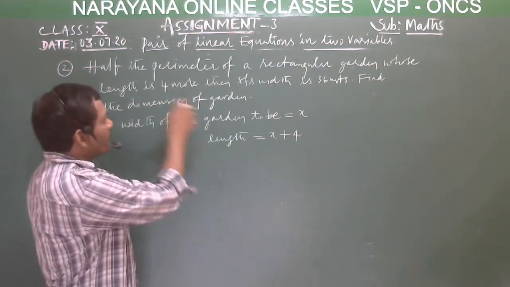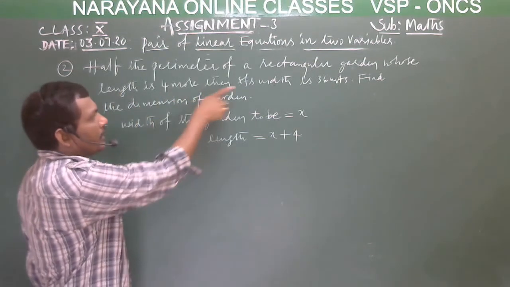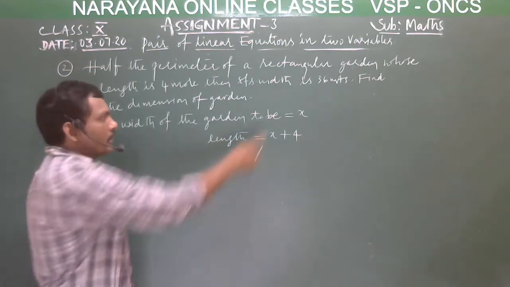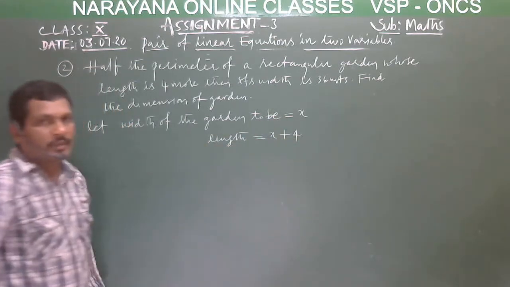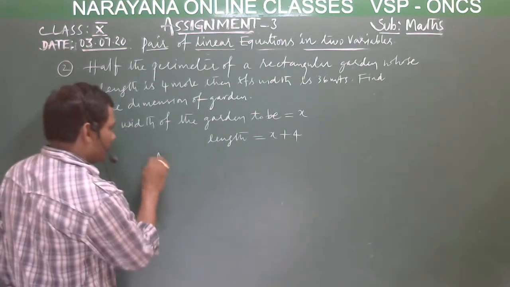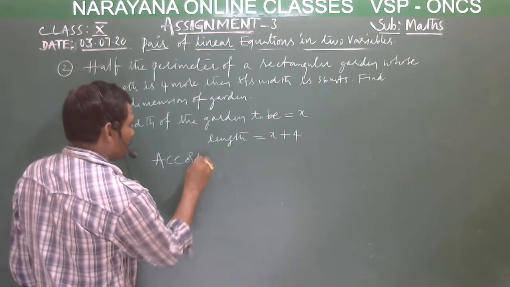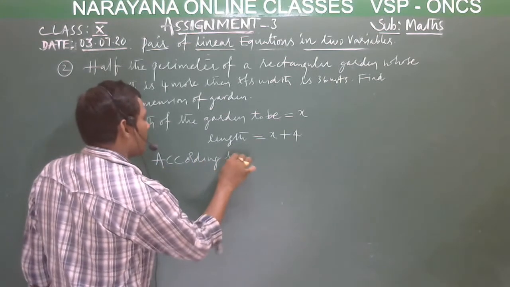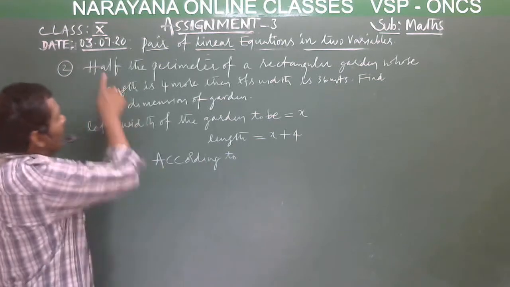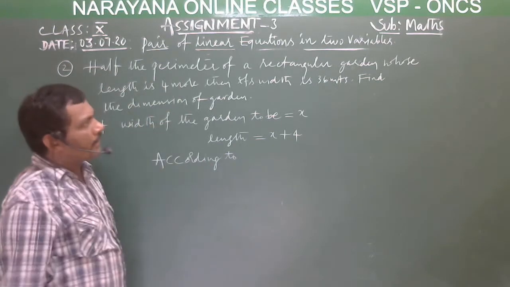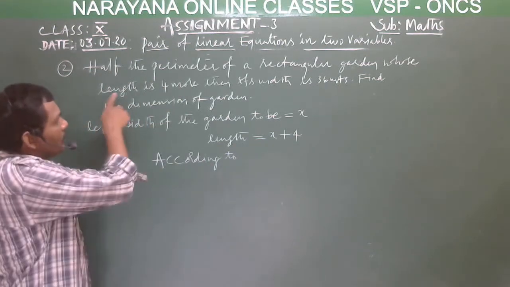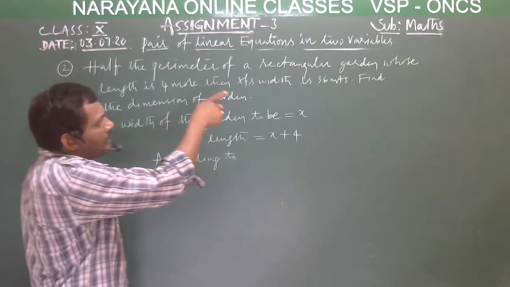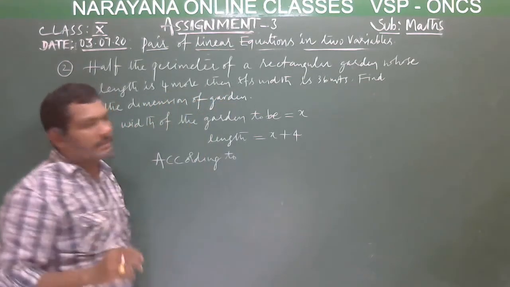Length is x plus 4. Length is 4 more than its width. According to the question, half of the perimeter of the rectangular garden whose length is 4 more than its width is 36 meters.